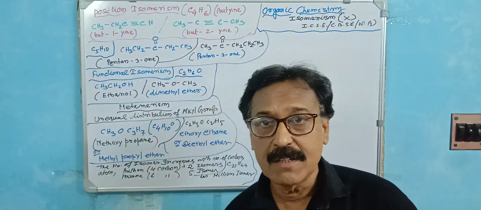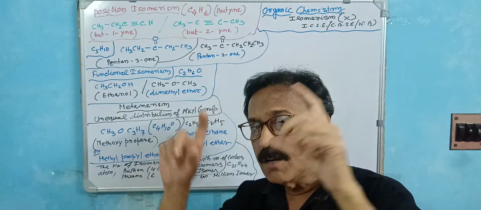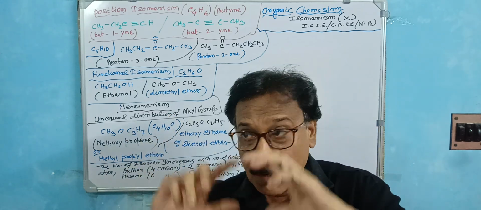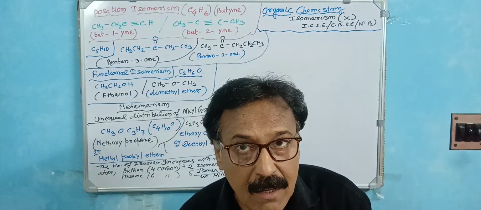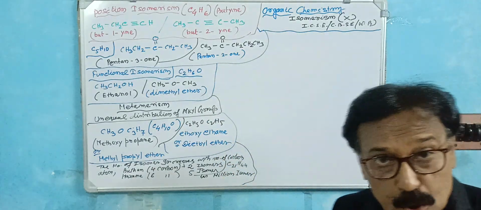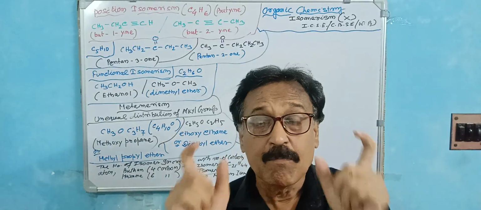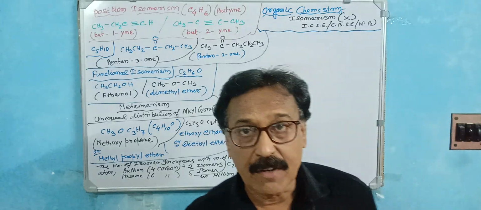But in organic chemistry, carbon is the main element, and hydrogen, oxygen and 4 or 5 elements are there. But they are different in arrangement due to the catenation property of carbon compounds. So a huge amount of isomers is formed. In case of sulfuric acid, H2SO4, there is no other formula.